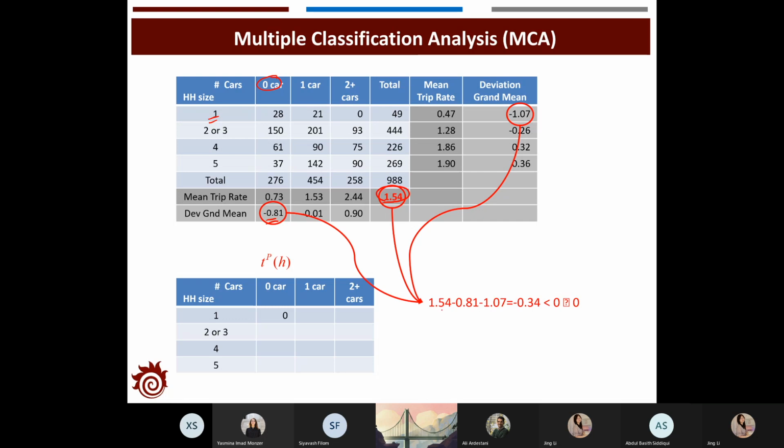So that is 1.54 minus 0.81 minus 1.07. And you find out the value is minus 0.34, which, if it's smaller than 0, then you must set this one as 0.